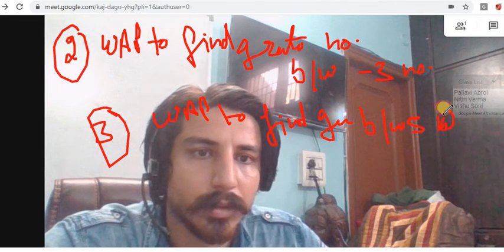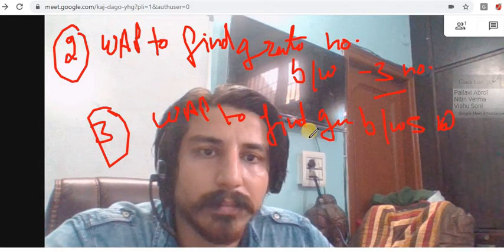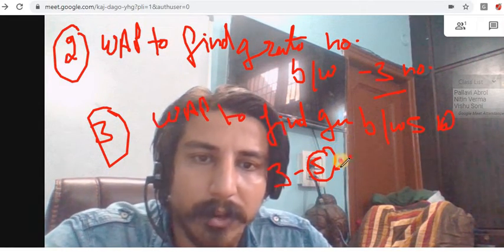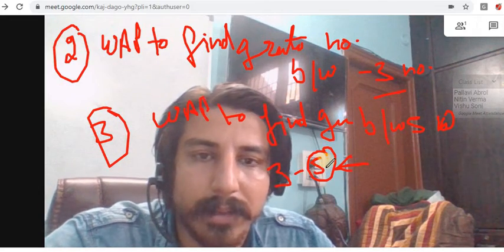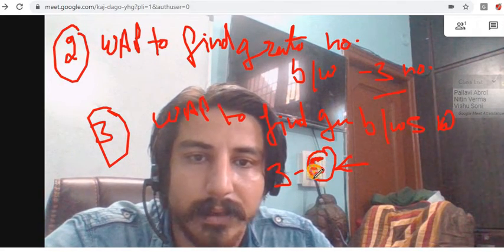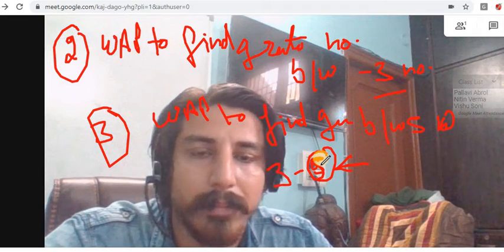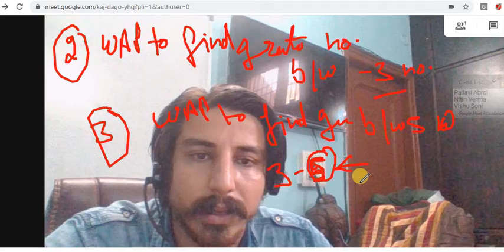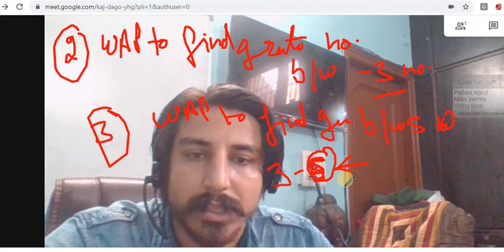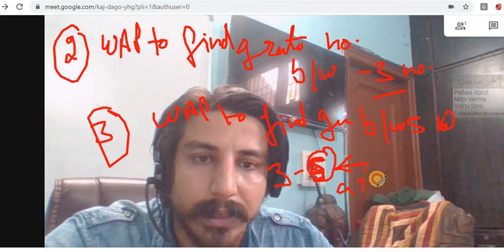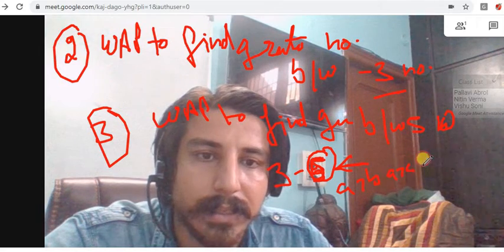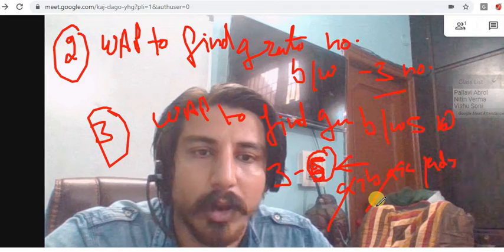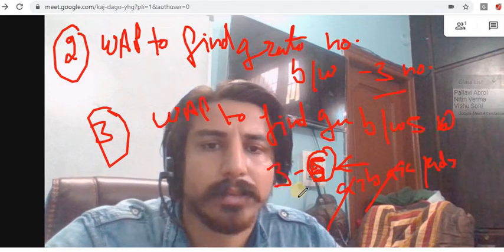These are the 2 problems that you have to solve, 3 numbers and 5 numbers. Why do I give you 5 numbers? Because sometimes people normally make mistakes here. The 5 numbers can be the more confusing part that I already discussed today in the session: if A is greater than B, A greater than C, A greater than D, after that the role of A is finished. Keep this point in mind while attempting this question.